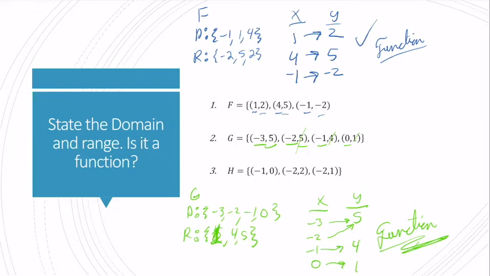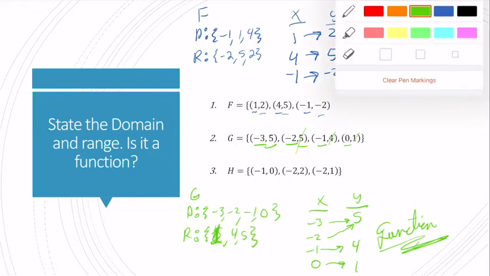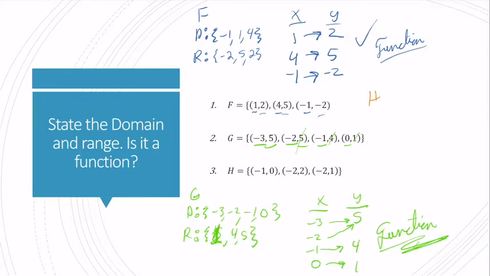Last but not least, let's take a look at h. H has a domain of -1 and -2. Because if it is repeated twice, I don't write it twice. Its range is 0, 2, and 1.